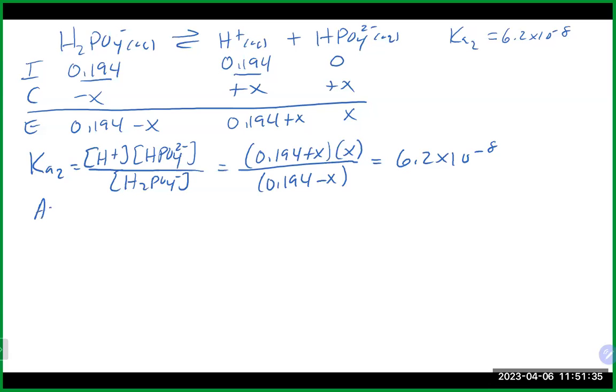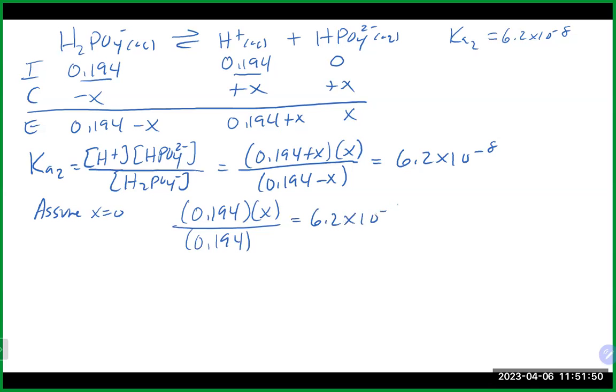We're going to assume X is equal to 0. That is going to get me 0.194 times X divided by 0.194 equals 6.2 times 10 to the minus 8. I think I could do that. That is going to be X is equal to 6.2 times 10 to the minus 8.